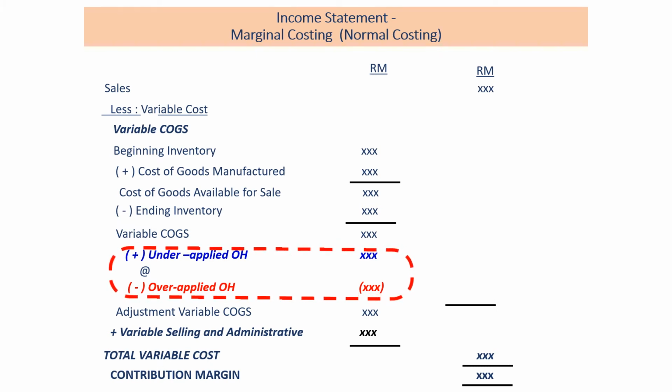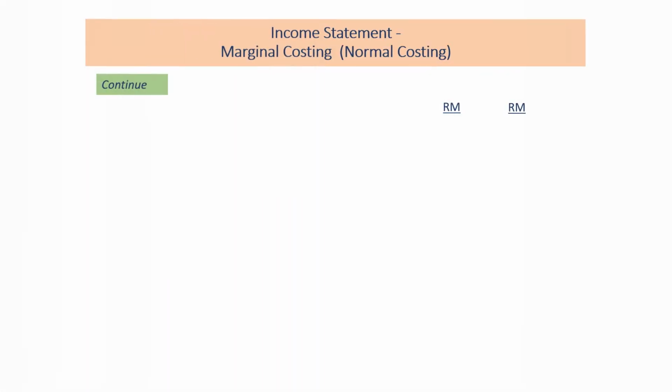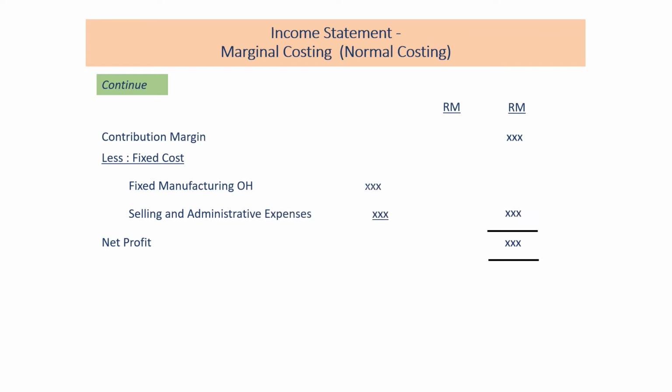If under-applied variable manufacturing overhead, debit to cost of goods sold account, or if over-applied manufacturing overhead, credit to cost of goods sold account. Continue income statement for marginal costing: contribution margin minus fixed costs for fixed manufacturing overhead and selling and administrative expenses gives net profit.